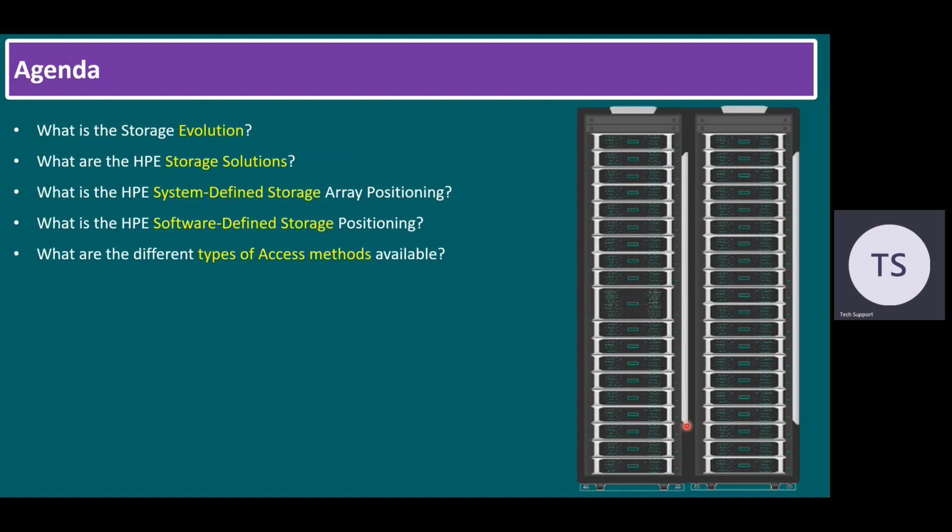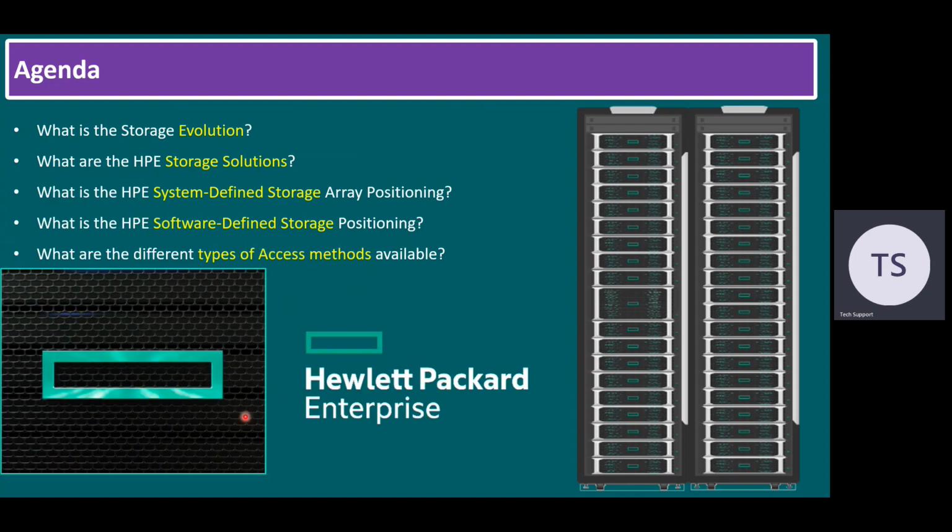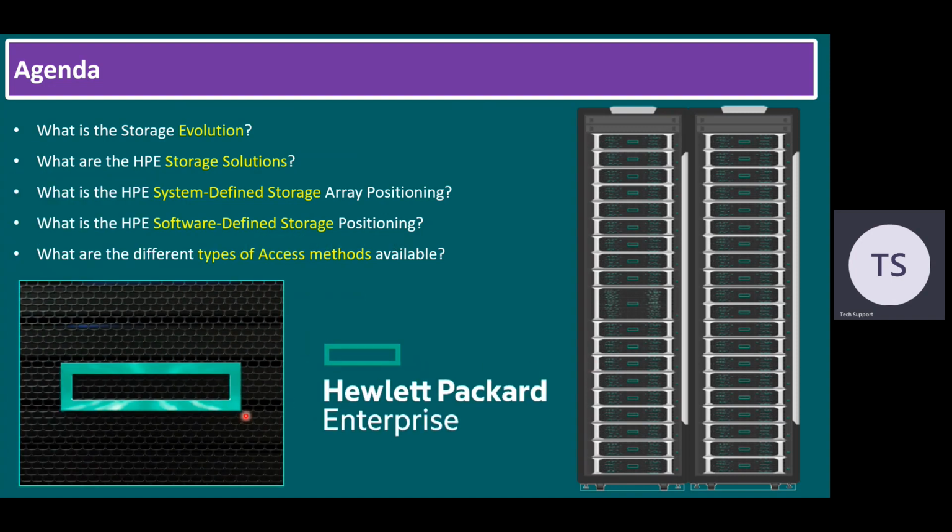And nowadays we can also use software defined storages. The main end goal is that all can provide storage for our production workloads. So that is the reason we have to understand the importance of storage evolution, storage solutions, and system defined storages and software defined storages.